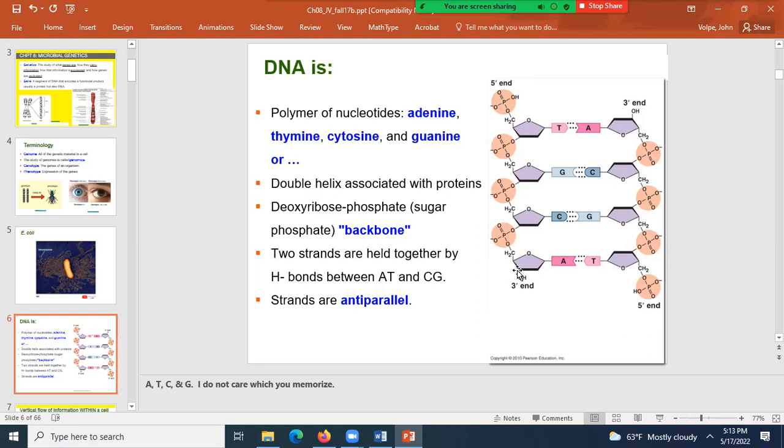So this would be the 3' carbon, and this right there is the 5' carbon. You don't need to know the chemistry of DNA, but you should know that the strands are anti-parallel. They're running in opposite directions. Any question about any of that?